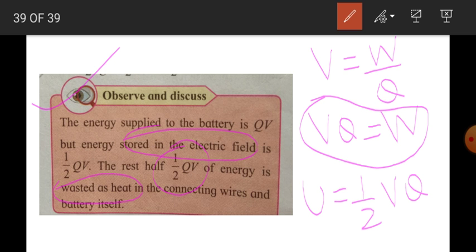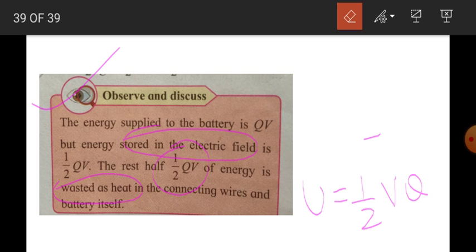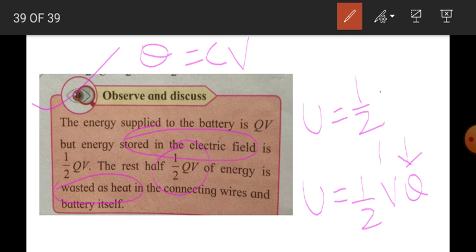Acha, wait a second. Let me write this formula in terms of capacitance. We know that Q is equal to CV, the first formula we saw. So I replace Q with CV, and the total becomes half CV square.